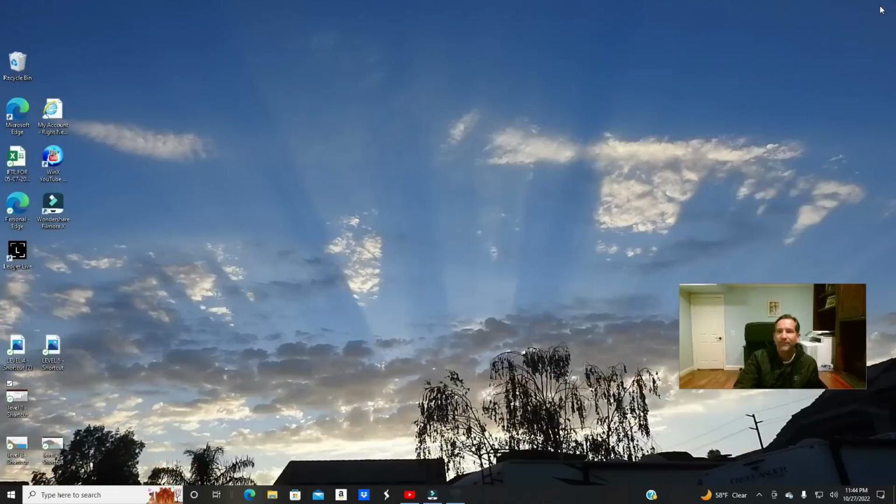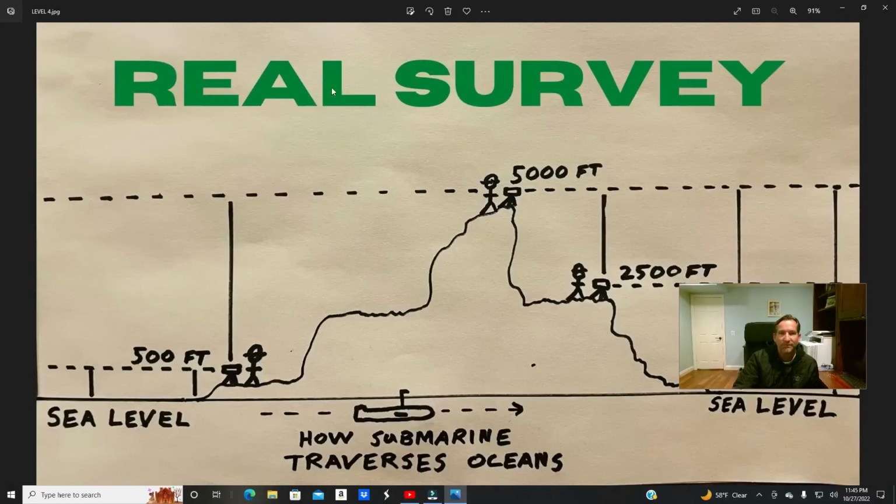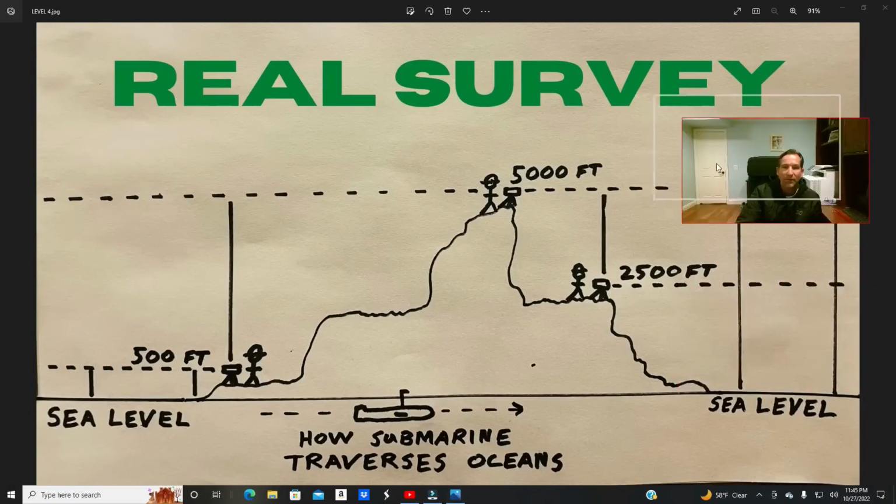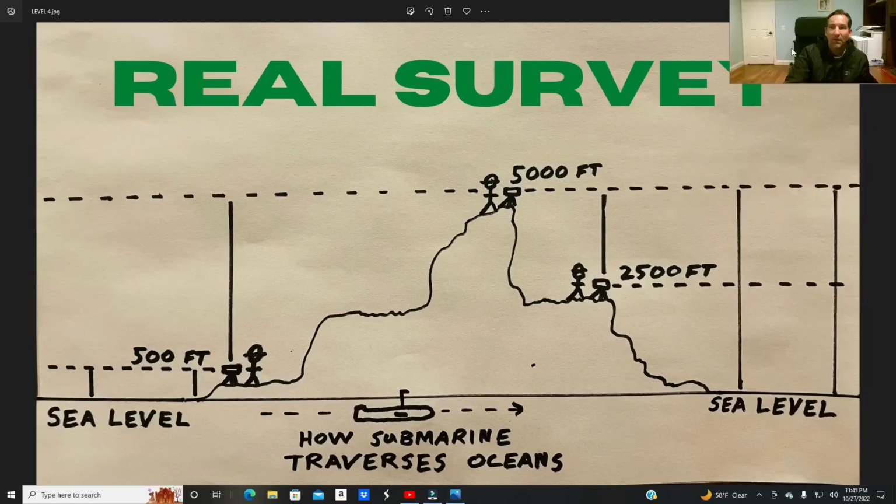Okay. Now I drew a couple diagrams of how a survey would be done. There's a real survey in the real world. Okay, here's sea level, constant reference point.